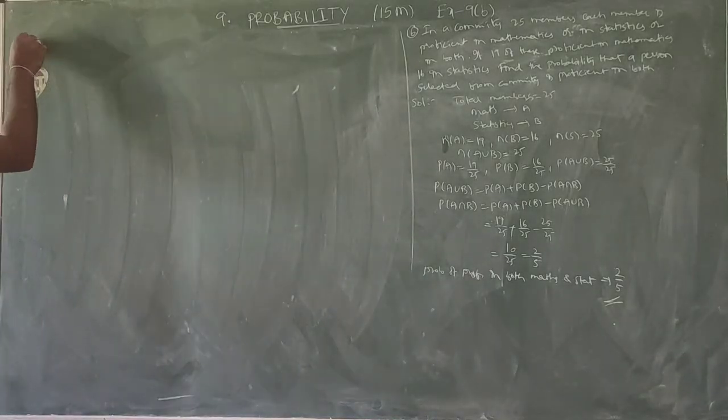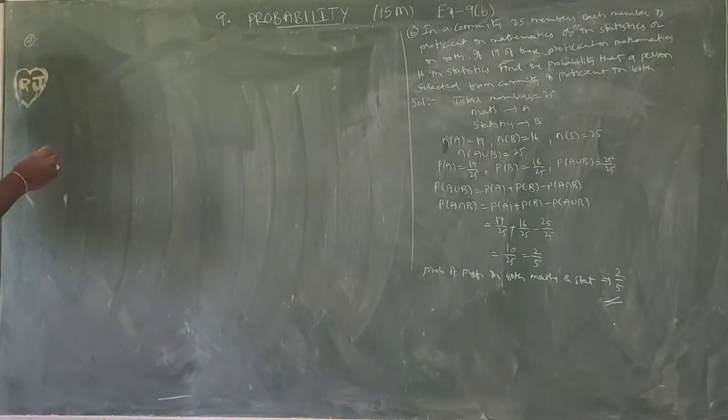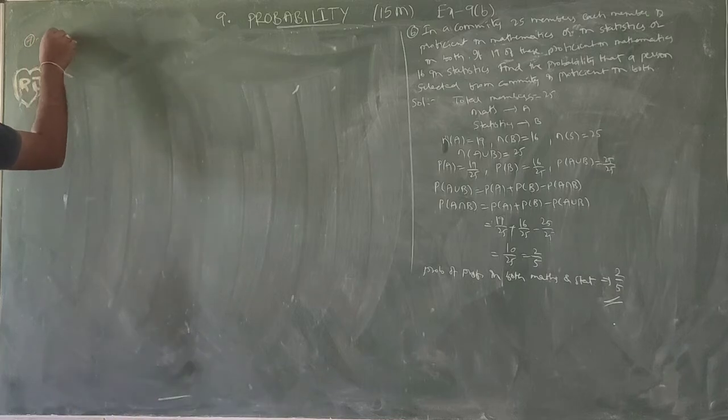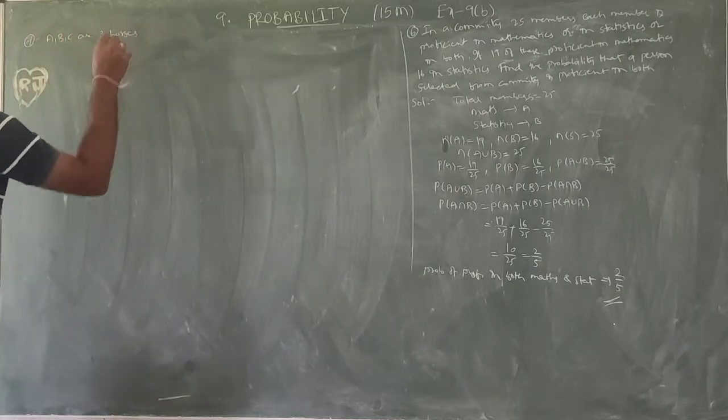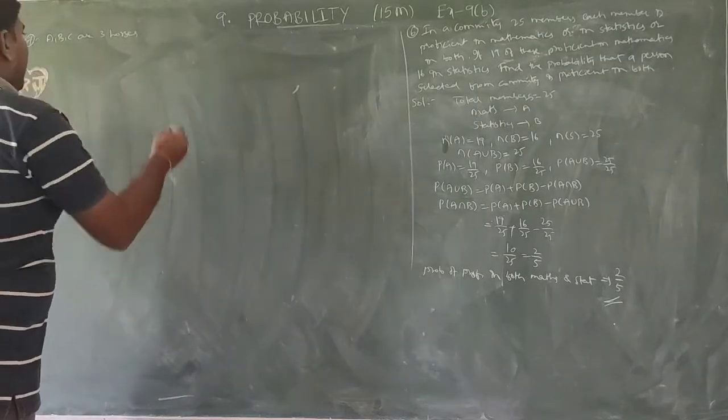So write the question. A, B, C are 3 horses in a race.